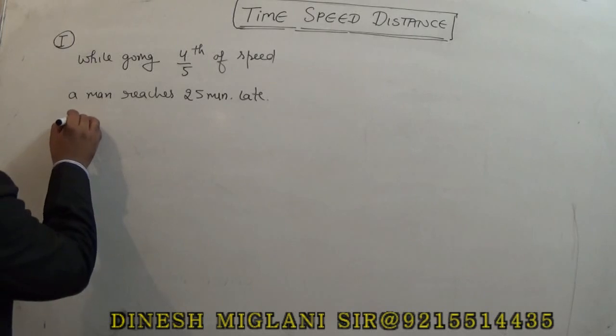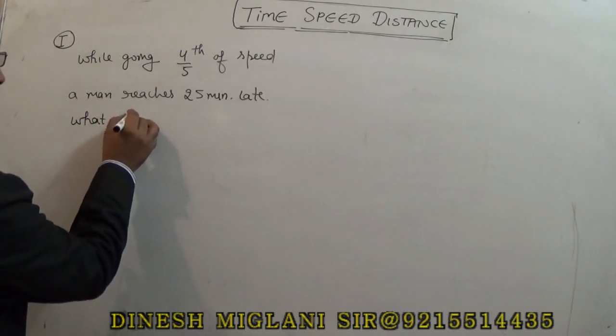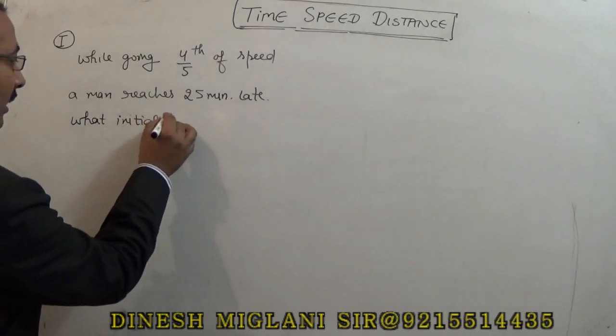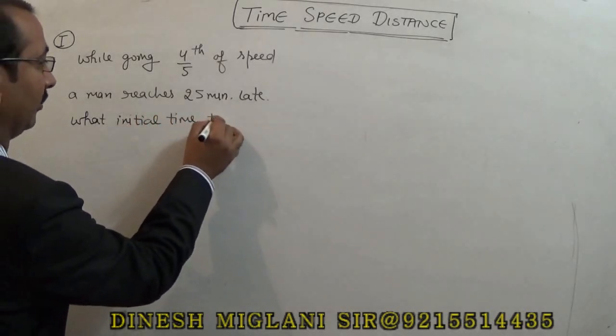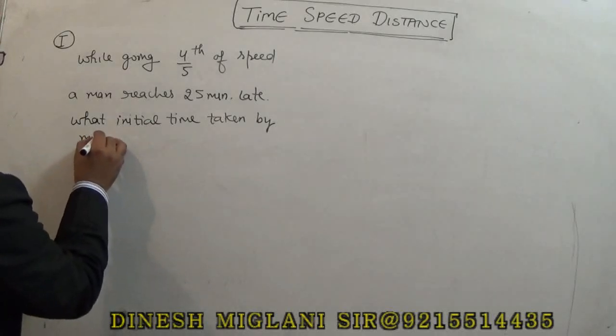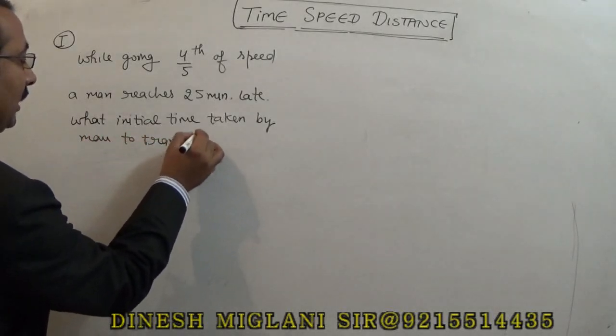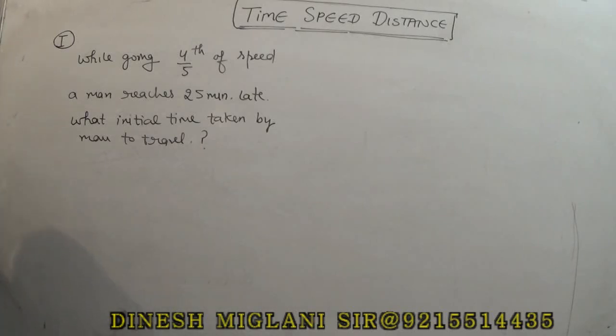We have to find out what is the initial time taken by the man to travel the distance. Means if his speed is not decreased, what should be the time taken by the man in order to travel the distance?